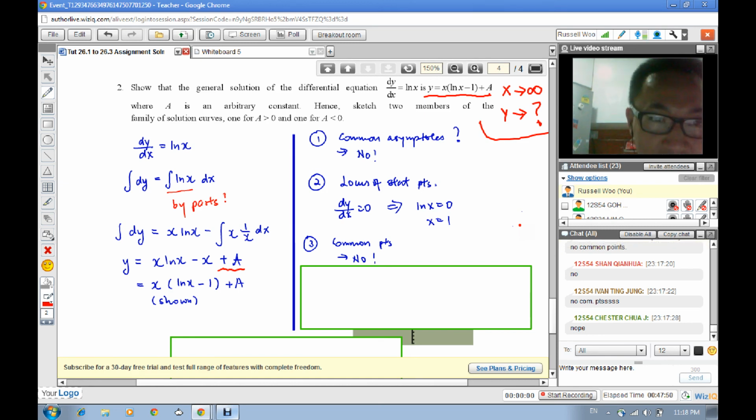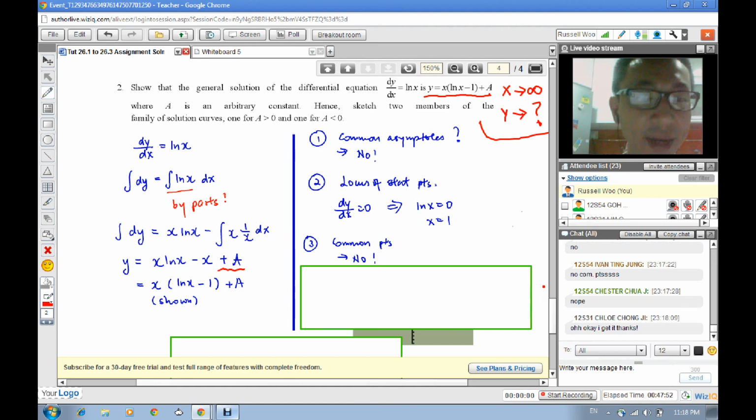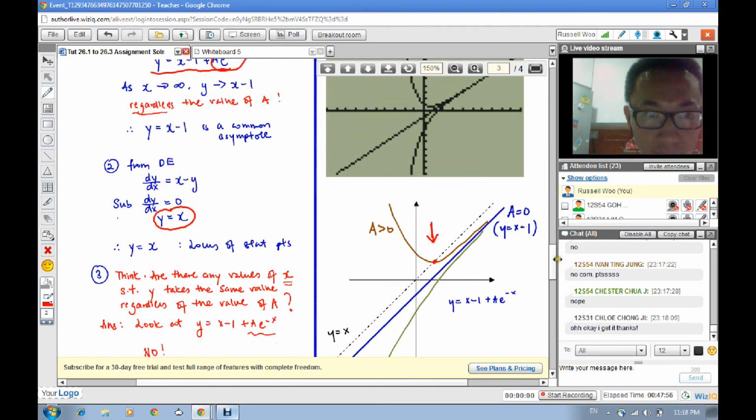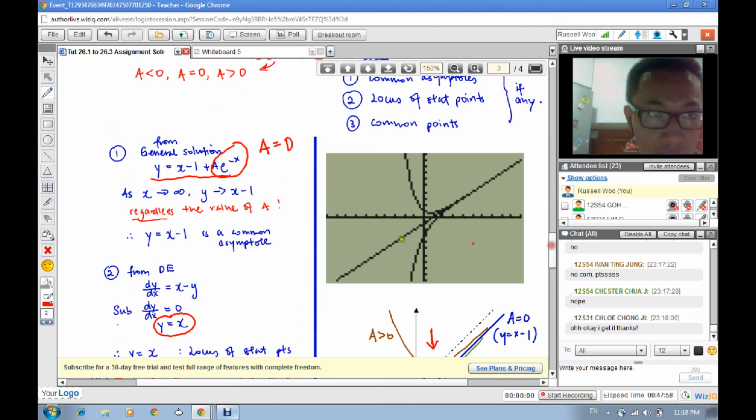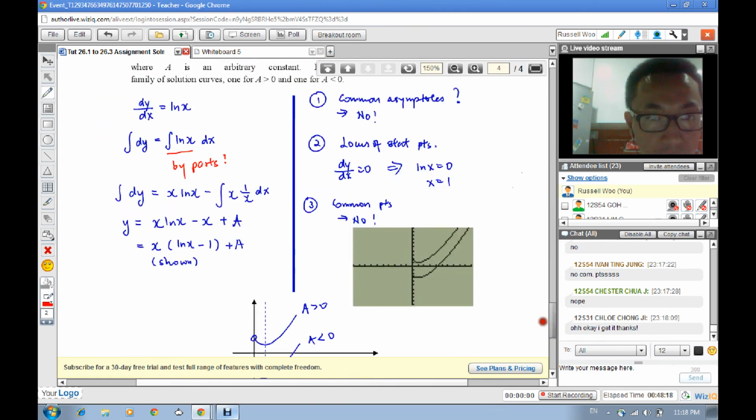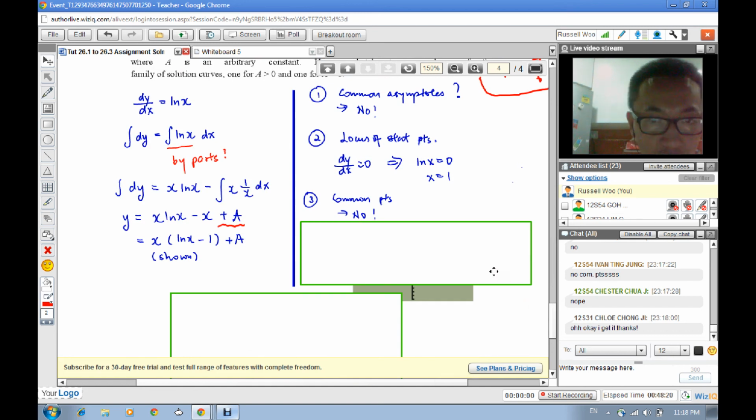We contrast this with question 1, where there's a common asymptote. Look here. As x tends to infinity, this whole term disappears. So therefore, there is a common asymptote. Okay, thanks, Chloe. Now let's go to the sketch.